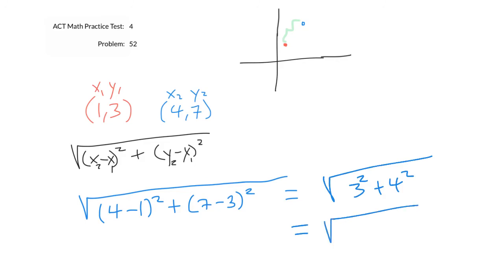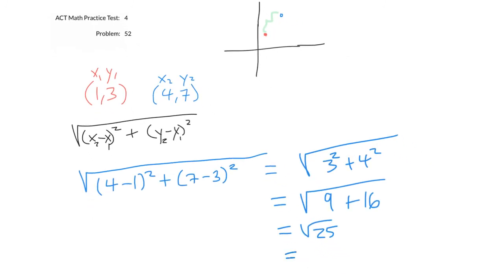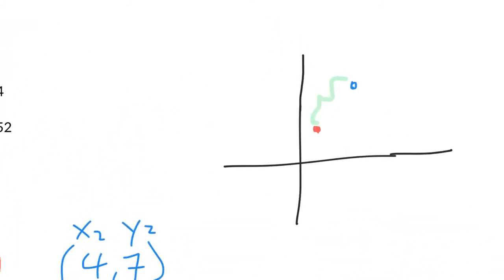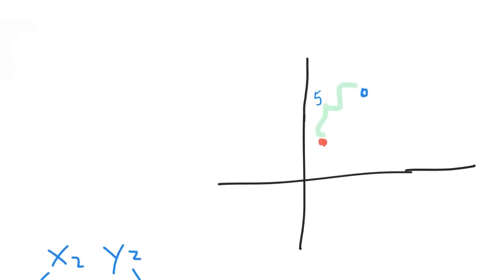That equals 9 plus 16, so we have the square root of 25, which is most definitely 5. So apparently this radius is 5.